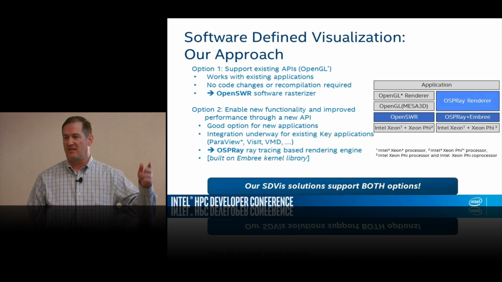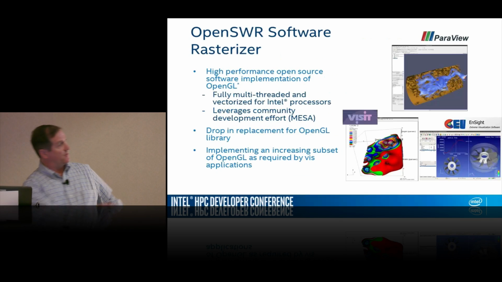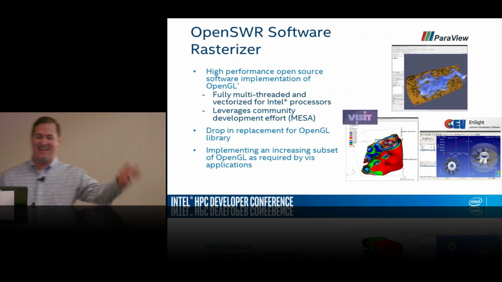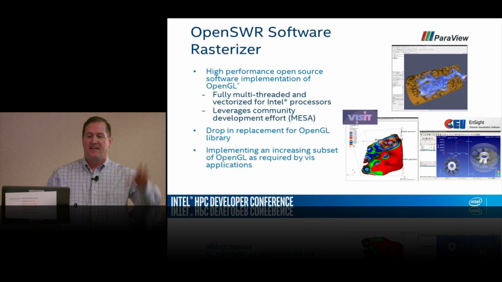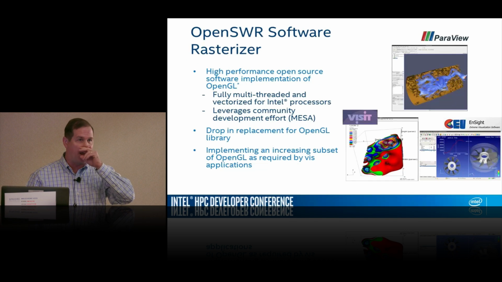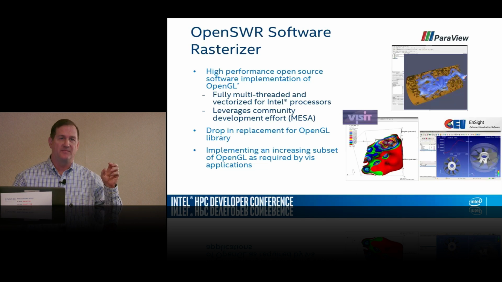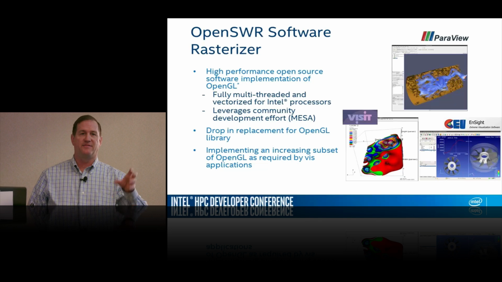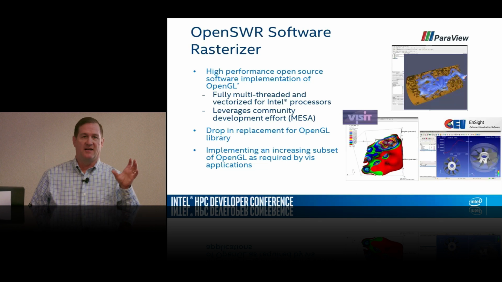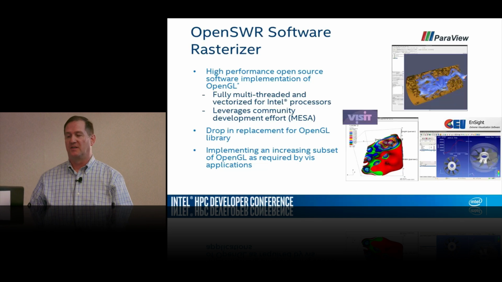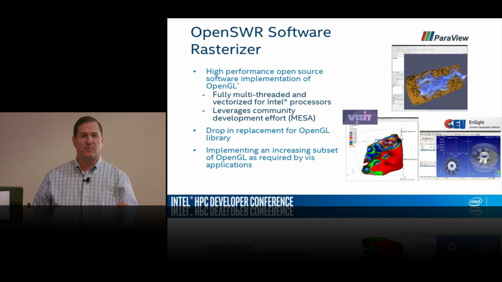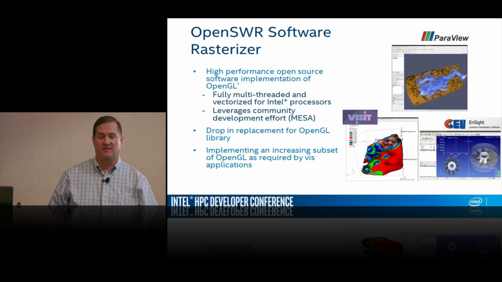On your left, so my left, your left side of the screen there, is sort of the traditional OpenGL path, and we enable that as well at a much higher performing level, highly focused on the parallelism of your processor so that you get interactive performance where you didn't before with MESA.